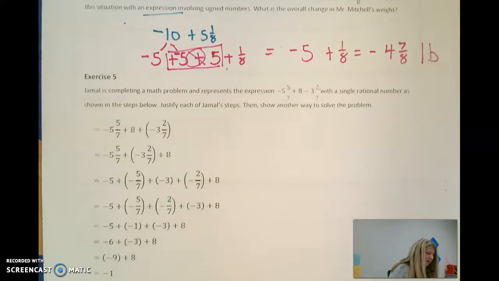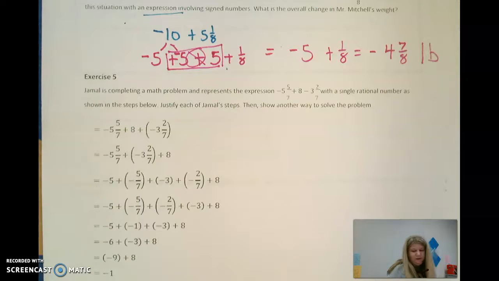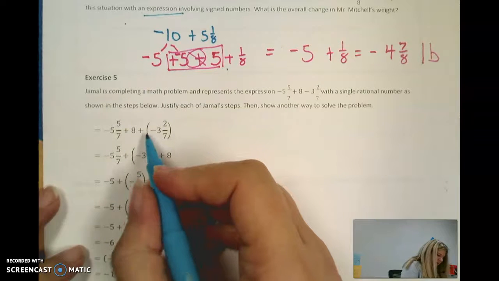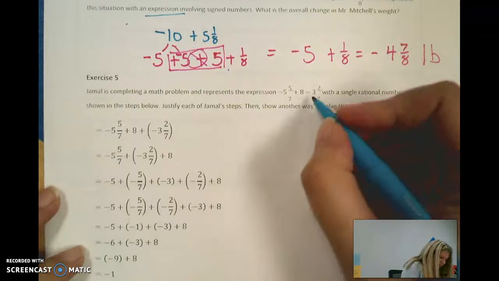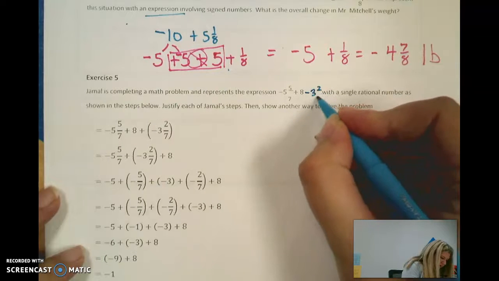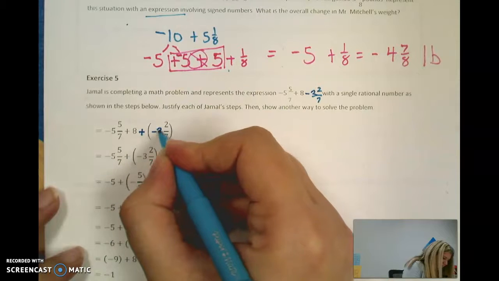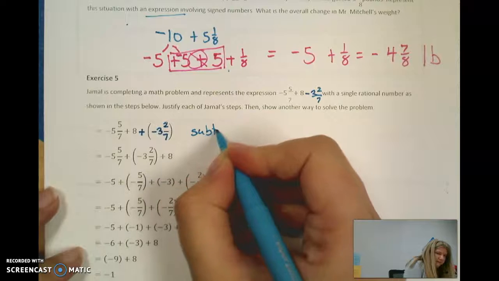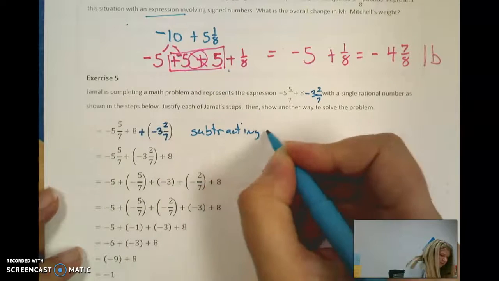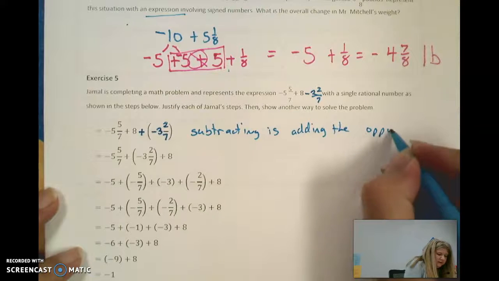Okay, Jamal's completing a math problem. Justify each of his steps, then show another way to solve the problem. Oh, we're not looking for a mistake. Okay, so what changed from here to here? Oh, actually, initially, it said -3 2/7, and then here it says plus -3 2/7. So that is because subtracting is adding the opposite.